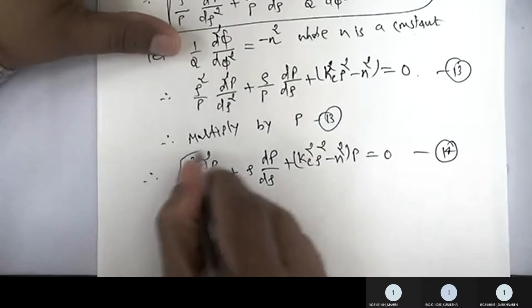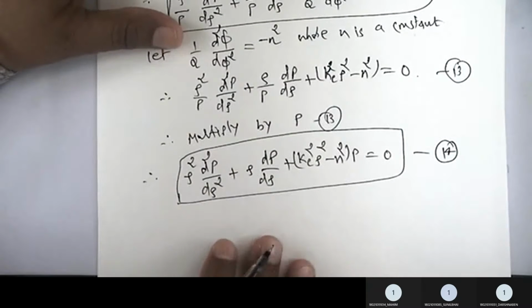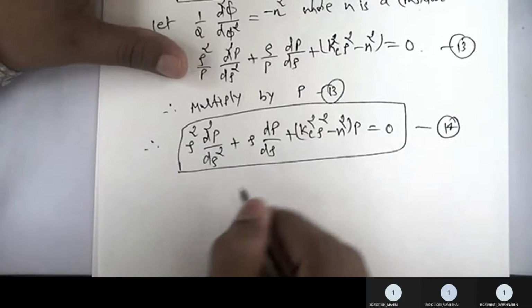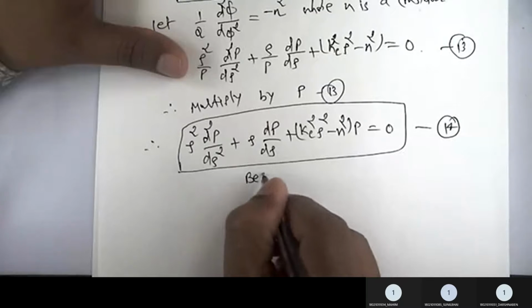You can see that now you have an expression which is similar to a very well known mathematical function, and it is called the Bessel function.